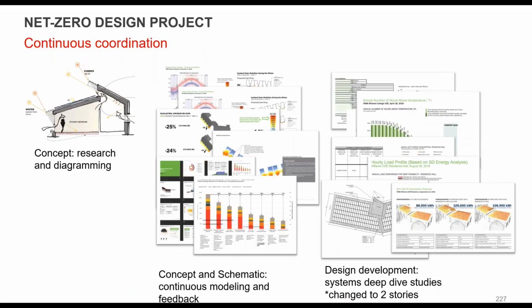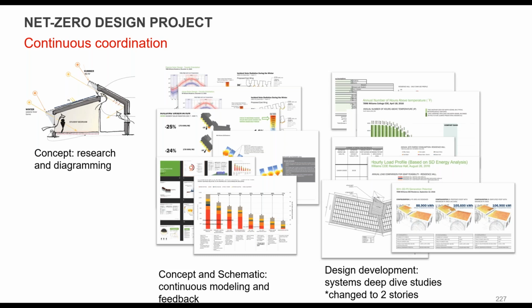So throughout this particular project and throughout any project, you really have to be doing continuous coordination, doing research, looking at options based on the locale, what will work. So you see in concept, we're looking at doing the research and schematics, showing diagrams of how heat flows might happen, solar angles, all sorts of various pieces.